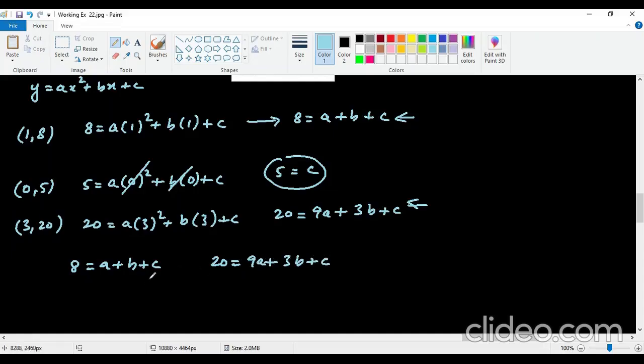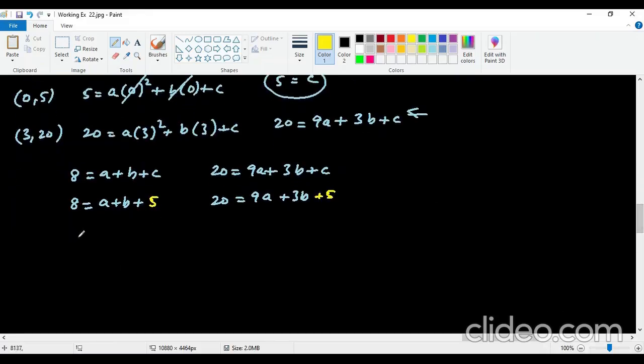So in both the equations, I will plot the value of c. 8 equals a plus b plus c, the value of c is 5, and 20 equals 9a plus 3b plus 5, because the value of c is 5.